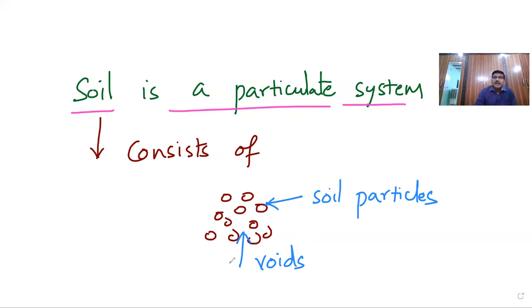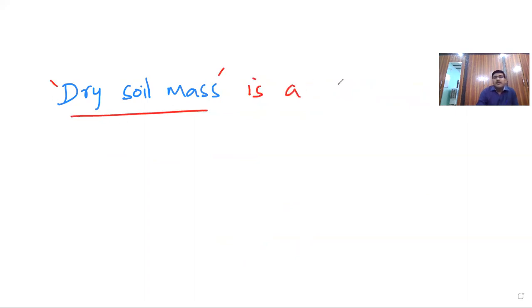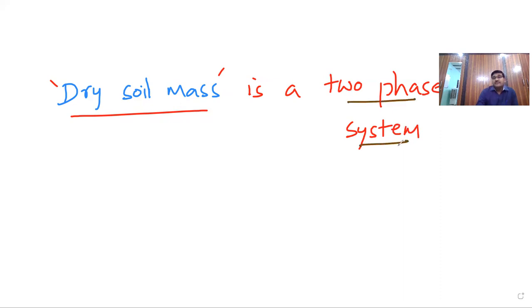That means here I conclude that dry soil mass is a two-phase system. Why is it a two-phase system?